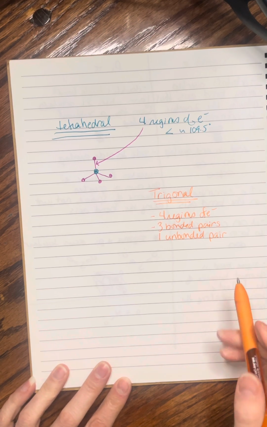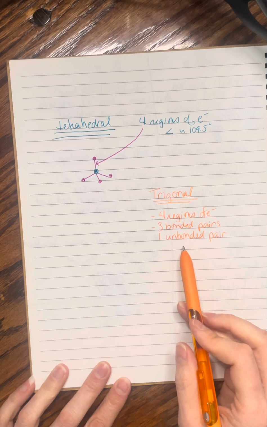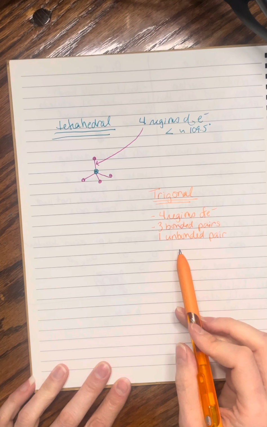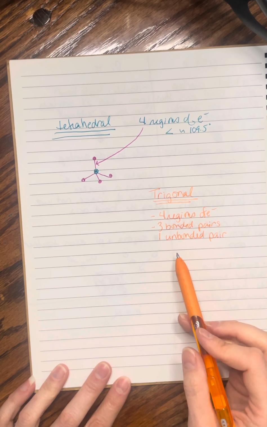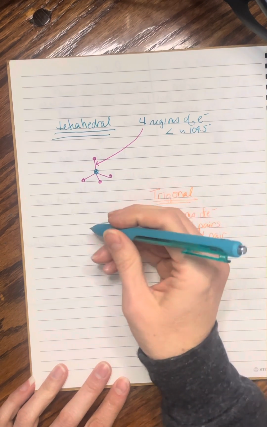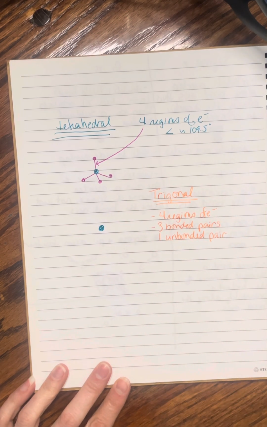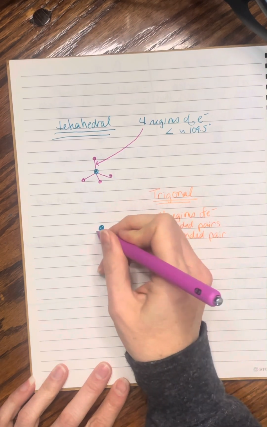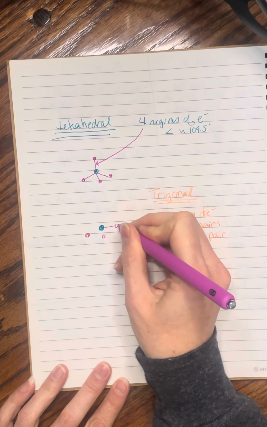This unbonded pair actually has a stronger repulsion force. Here, let me show you real quick. Let's say we've got our central atom here, and then we've got 3 bonded pairs. So we've got 1 here, 1 here, and then 1 here.